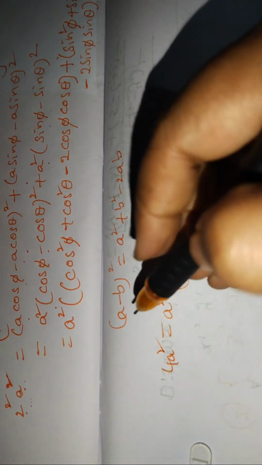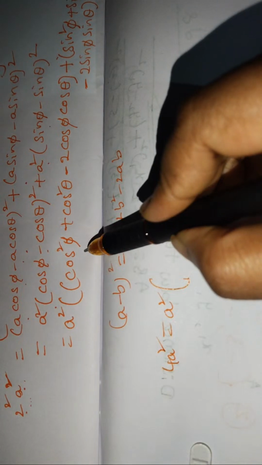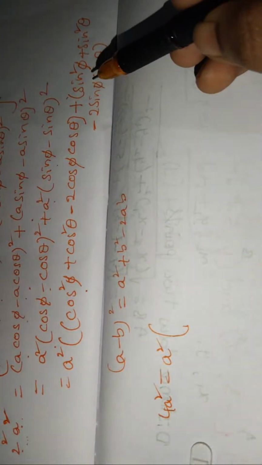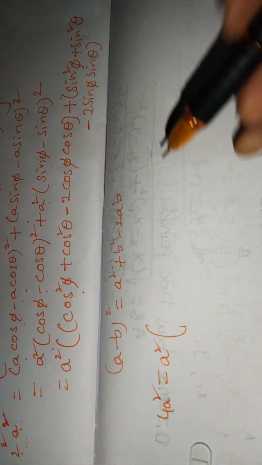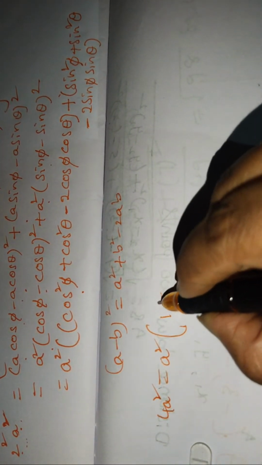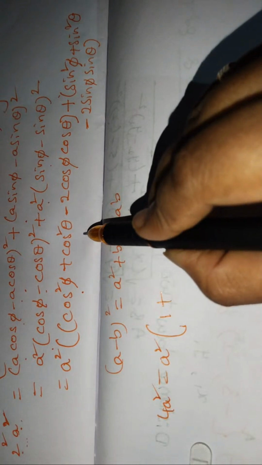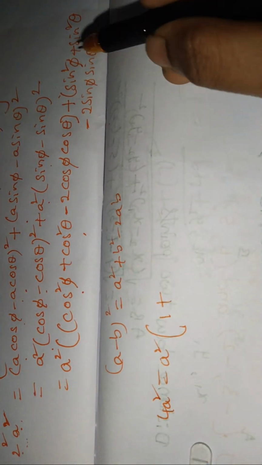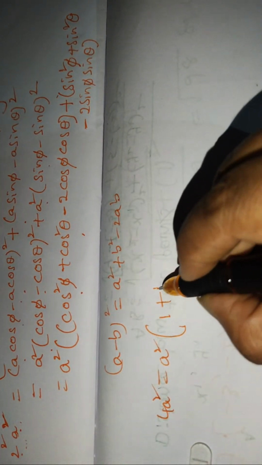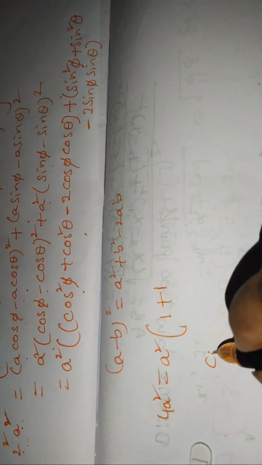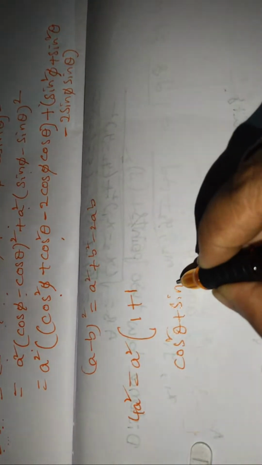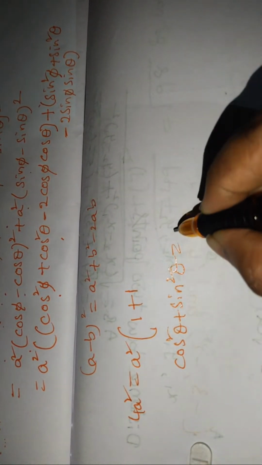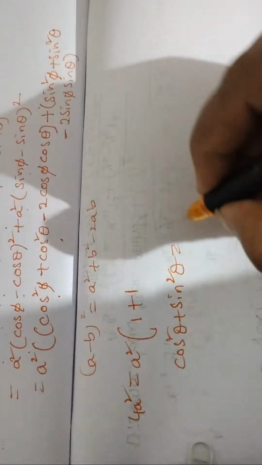And a square into cos square phi, here sin square phi. If you observe, cos square phi plus sin square phi is 1, plus cos square theta plus sin square theta is 1. Do you know the value of cos square theta plus sin square theta? The value is 1.